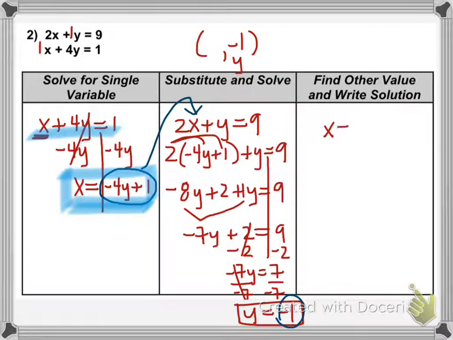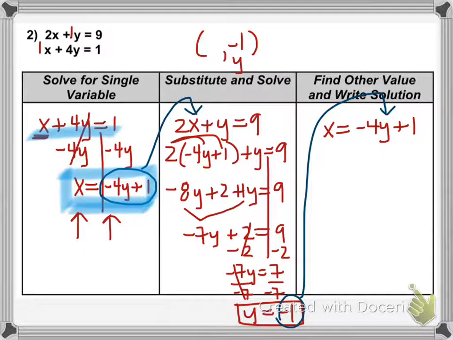All right, so I'm going to write x equals negative 4y plus 1. And now that y equals -1, I'm going to replace the y with -1. So the cool thing about starting with this version of the first equation is that it's already solved for x. So I don't have to move anything from one side to the other. I just have to replace and simplify.